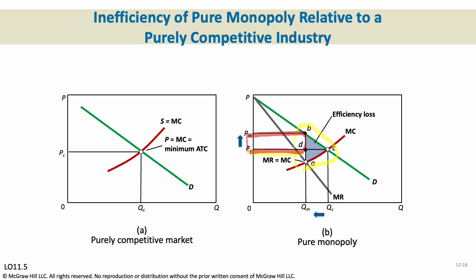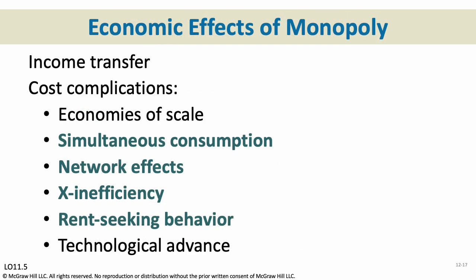So monopolies lead to less efficient outcomes, less products at a higher price, and as a consequence, you wind up with a less efficient outcome than pure competition. So what happens economically? Well, number one, income distribution becomes more unequal than in a competitive situation.